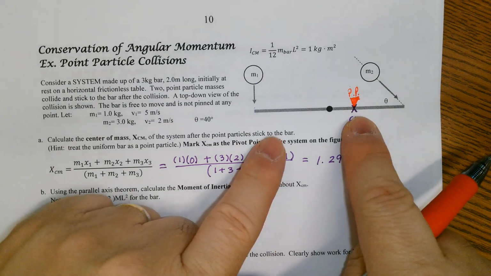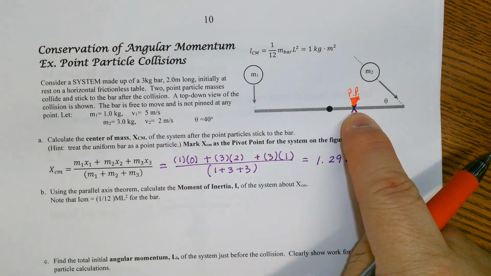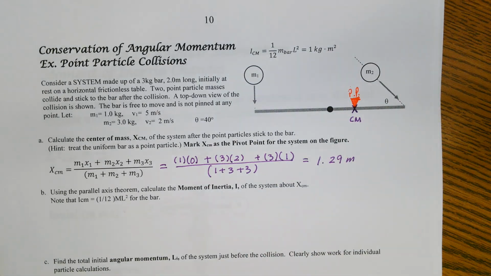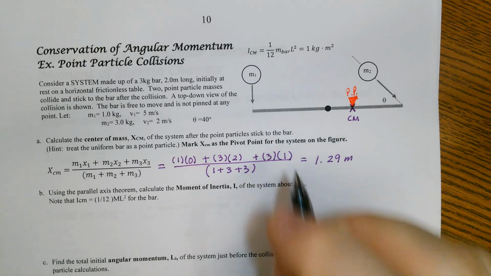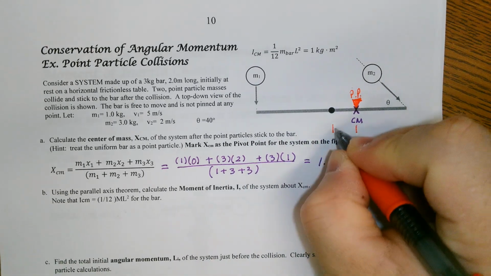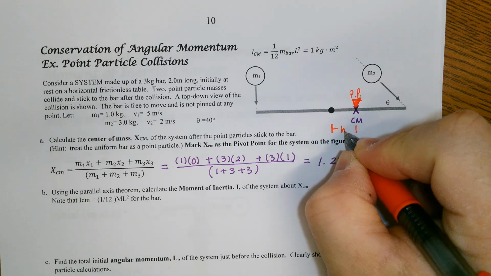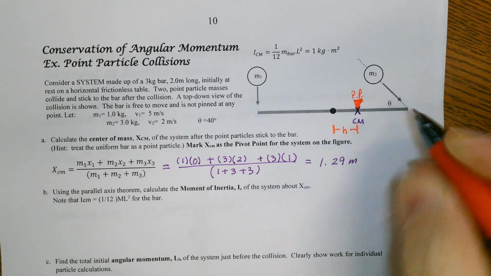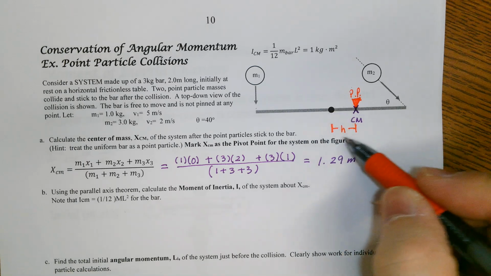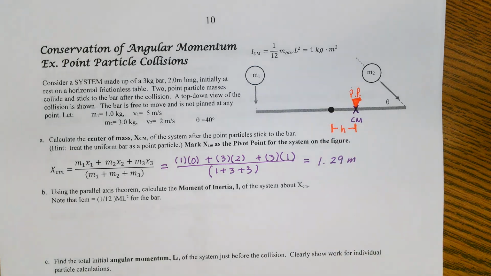So it's going to rotate about that center of mass point. So this is the h for the parallel axis, because since it's not going to be rotating at the center of mass of the bar, you're going to have to use the parallel axis theorem.